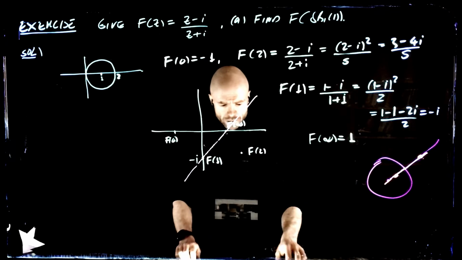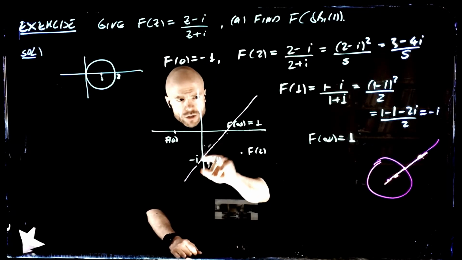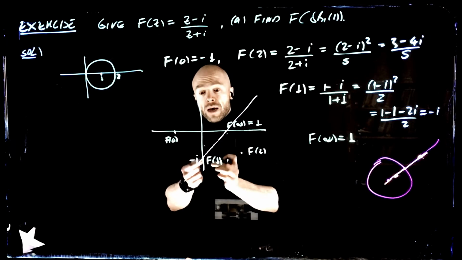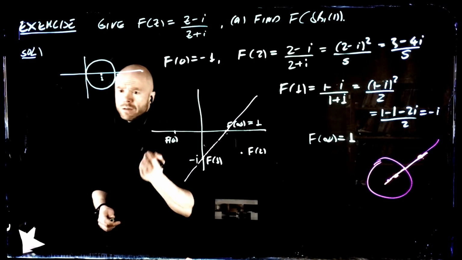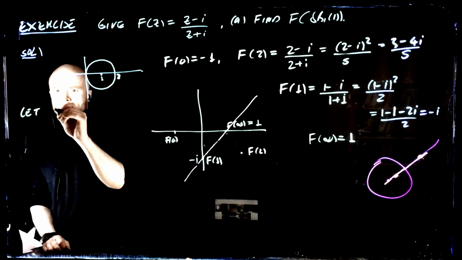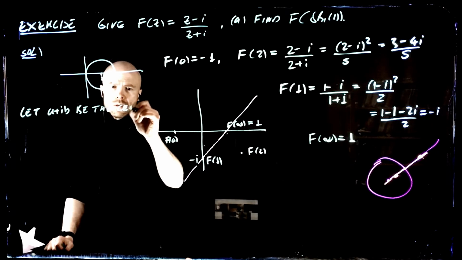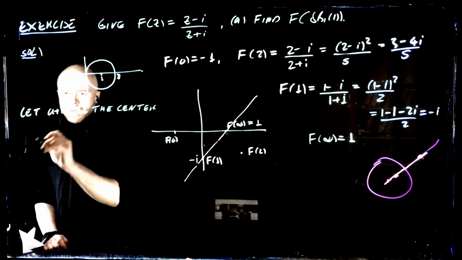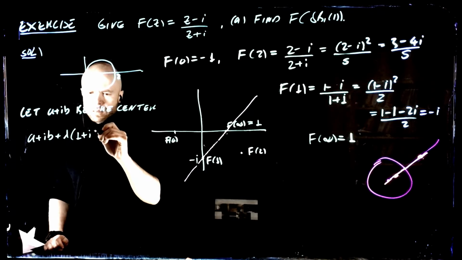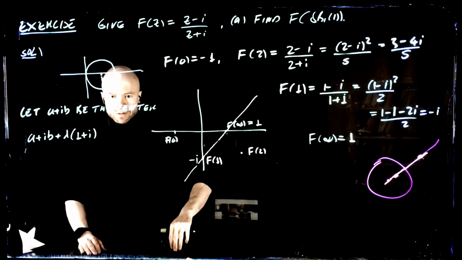So f of infinity is 1 right here. And the direction that goes from -1 to 1 is this direction given by 1 plus I. So if we let A plus IB be the center of the circle, then we know that A plus IB plus lambda times 1 plus I is producing this line, right?